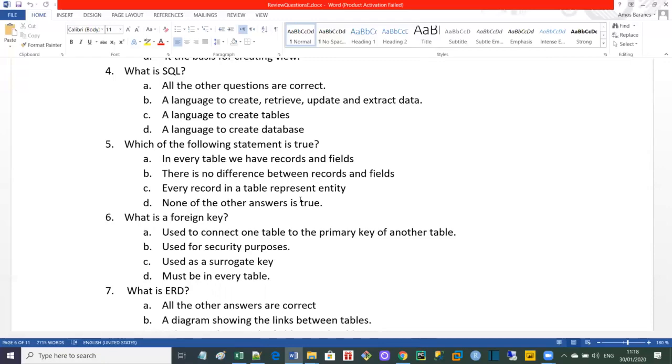So there are really four commands in SQL that are classics. And in fact, B, a language to create, retrieve, update, and delete, is correct.